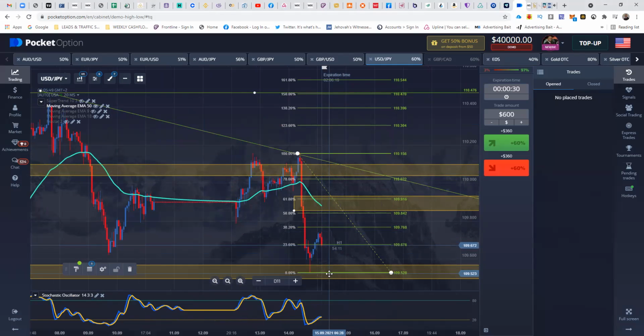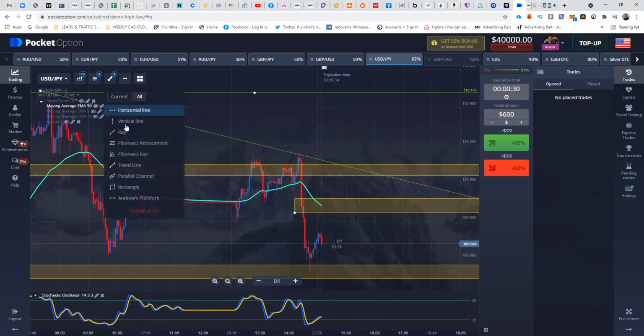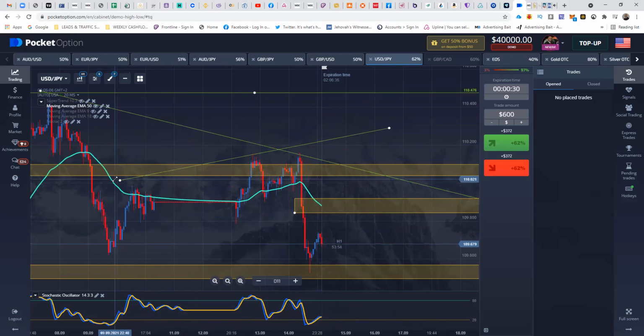I can move this down to here so it's matching up the golden zone with the 6180 and the 50%. Now I'll go ahead and draw an inner trend line just to further confirm that price is trending down again overall. So we'll do that here.